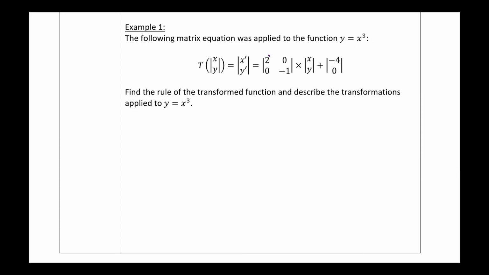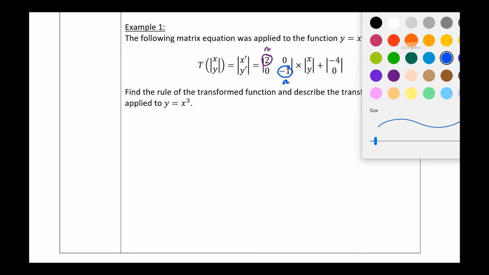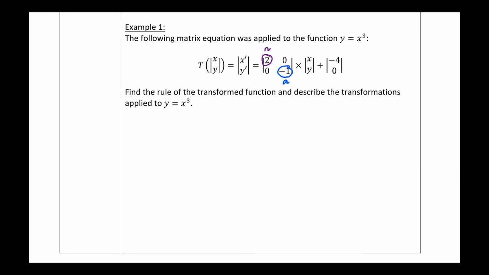We've got this number 2. Now it's in this position, which would be applied to the x, and so we know that this must be my equivalent n. That -1, remember this is our dilation and reflection matrix, that's the equivalent of A. The -4 is going to be my H equivalent, and the 0 here would be my K. So let's look at describing that very first n.